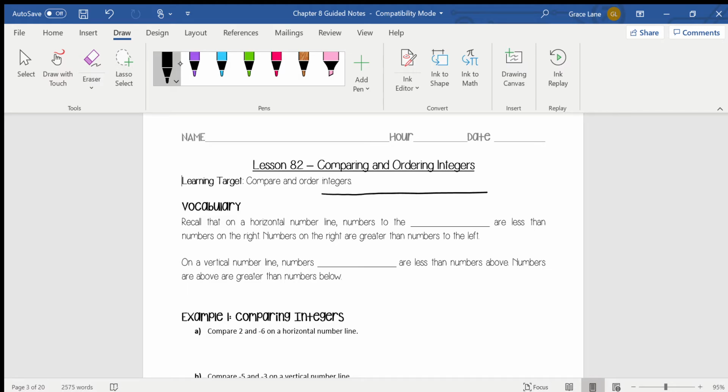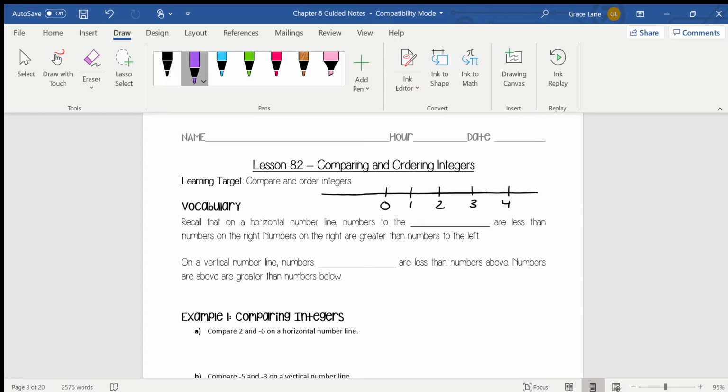like this, here is 0, and if you just think about positive numbers for a minute, if you use a number line, you can tell which number is greater than or less than another number based on where it is.